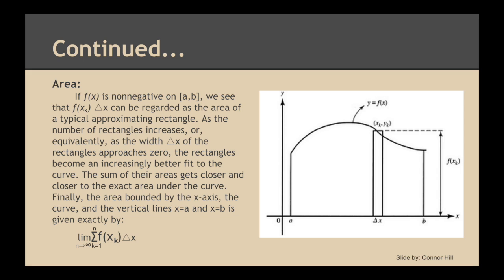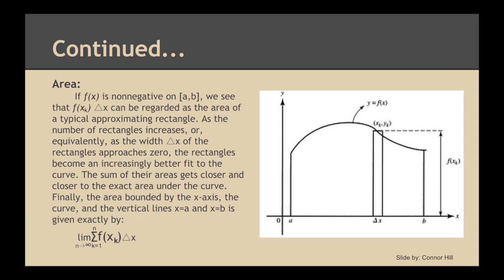As the number of rectangles increases, or, equivalently, as the width delta x of the rectangles approaches 0, the rectangles become an increasingly better fit to the curve. The sum of their areas gets closer and closer to the exact area under the curve.